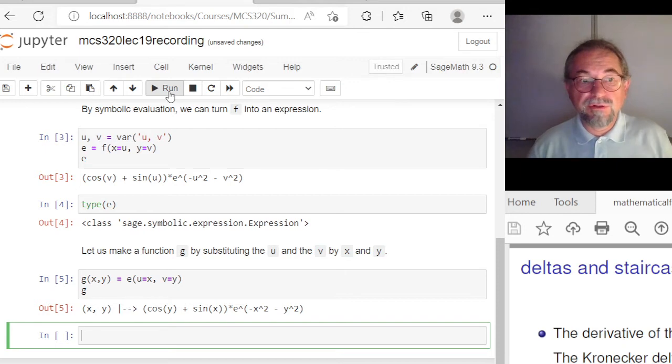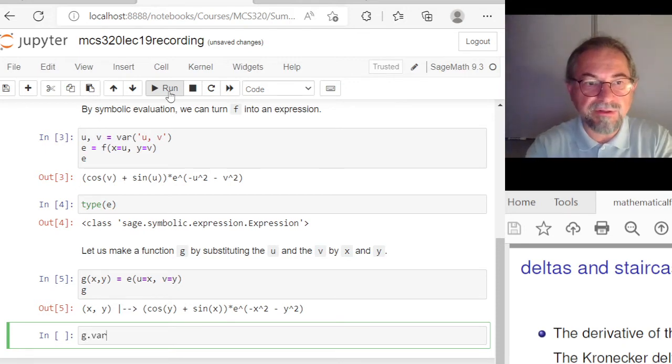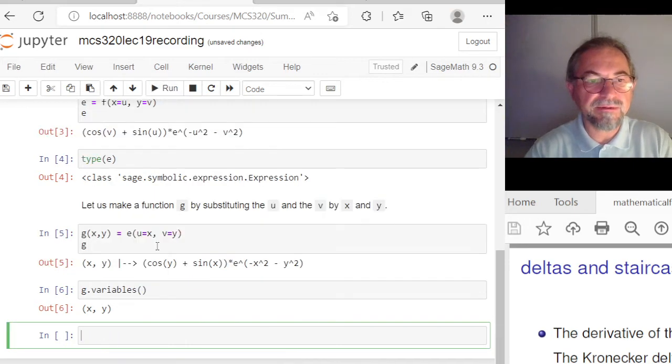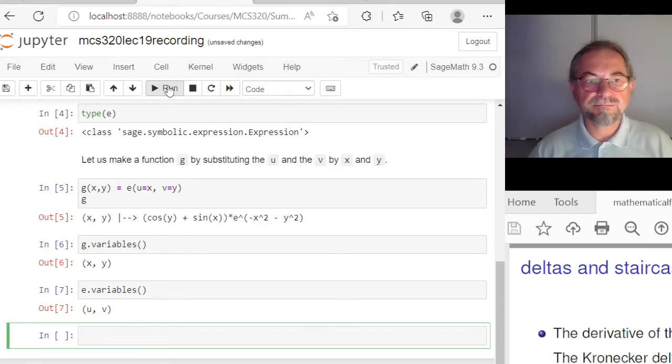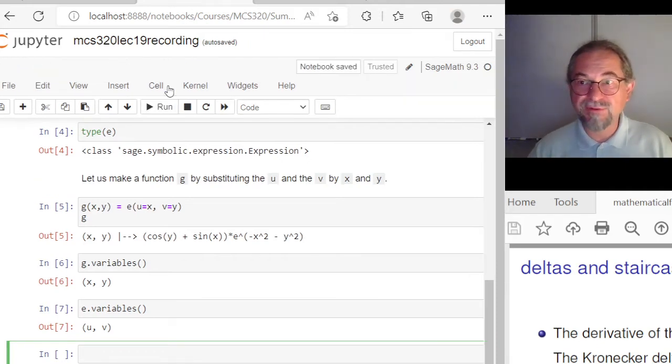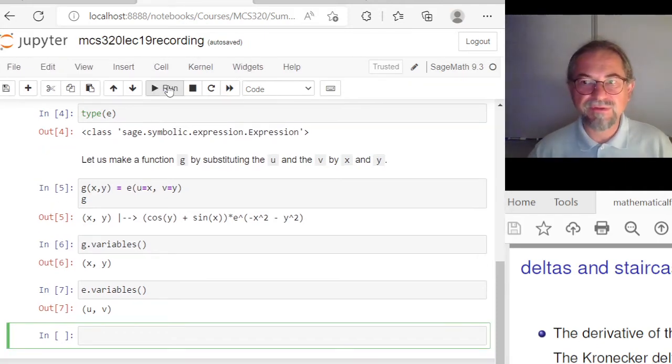If you have forgotten what the variables are, you can actually ask. So there is the variables method. E is an expression, but the variables are also defined here. That's important, not only if you have forgotten them, but suppose that you have many variables. So you can ask for them.